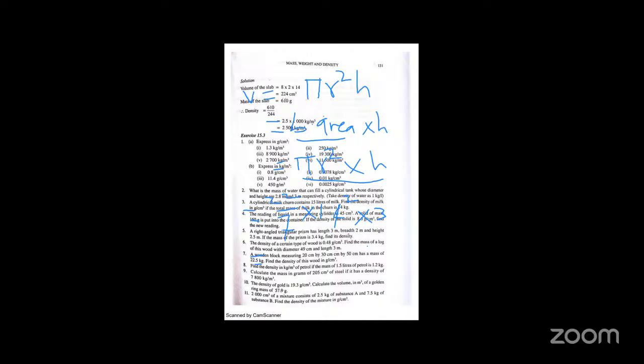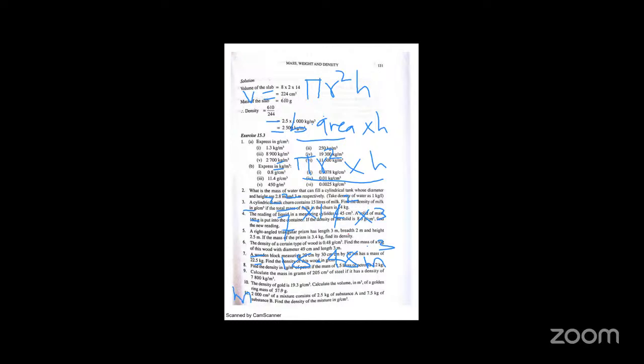So we get 18.48 because the units that we have been given here are meters, so it will be cubic meters. Then we are not yet done. We need to determine the mass.